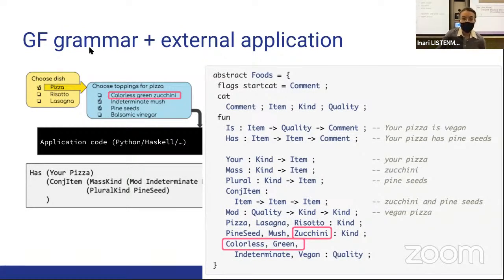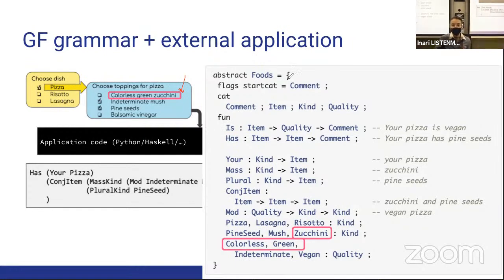So if we look at the application, we have this string here, "colorless green zucchini", and that seems to be a much more relevant tree than "colorless vegan risotto".